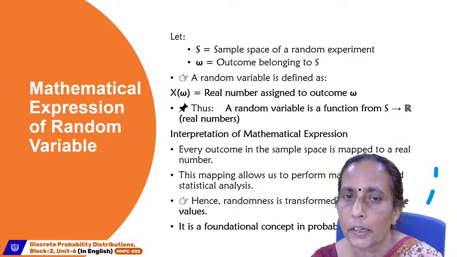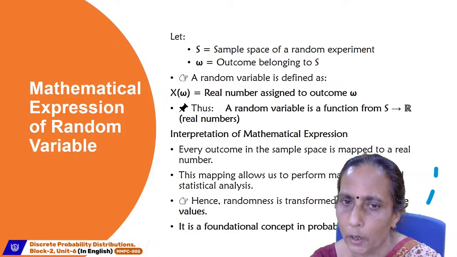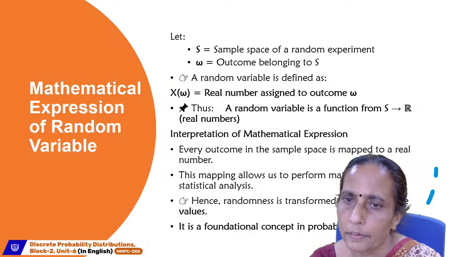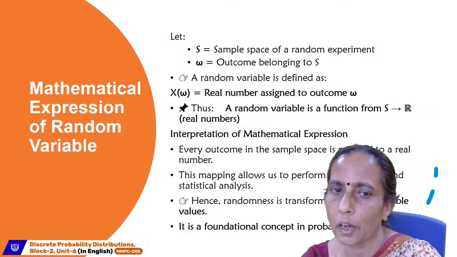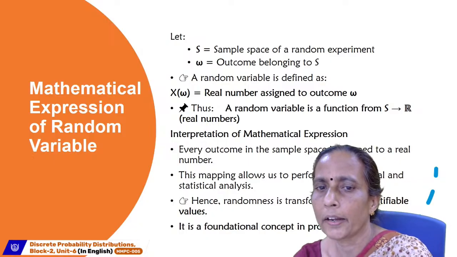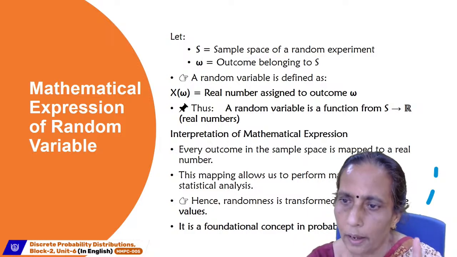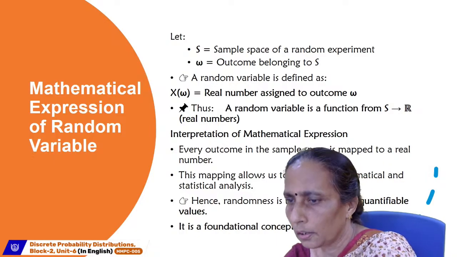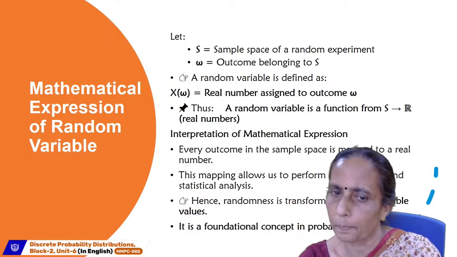Suppose S represents the sample space of a random experiment, and omega is an outcome belonging to the sample space. Then a random variable is defined as X of omega. It is function notation, X of omega, the real number assigned to outcome omega. Thus, a random variable is a function from S, the sample space, to the set of real numbers.